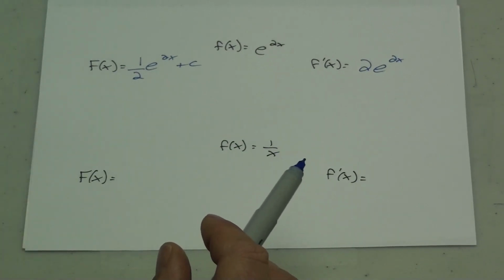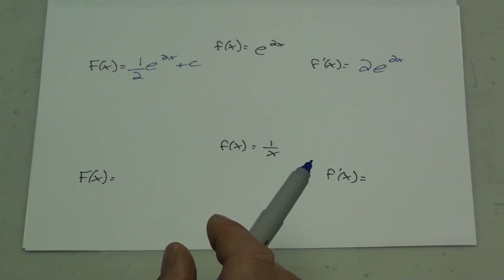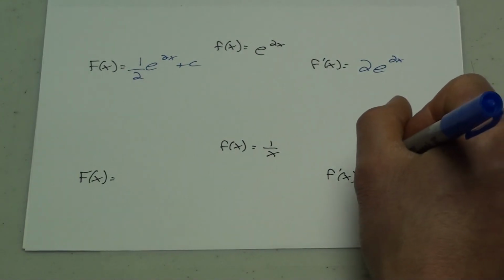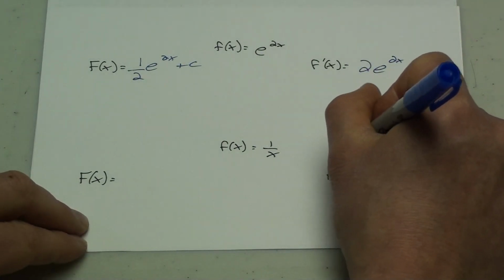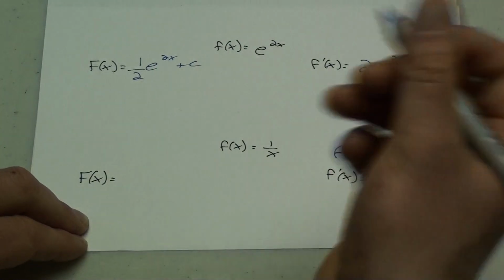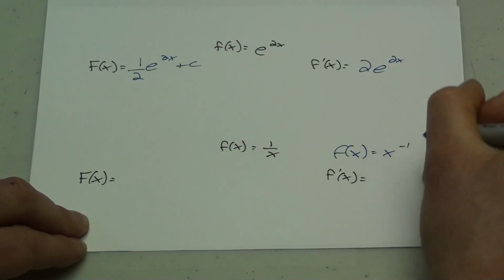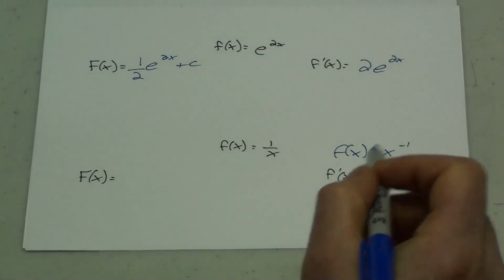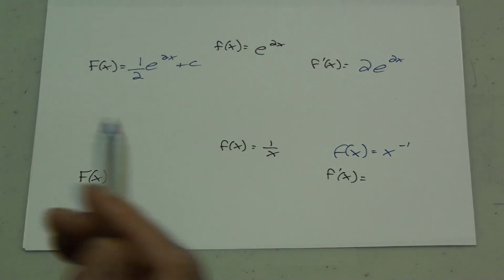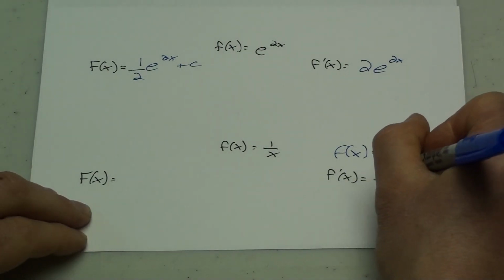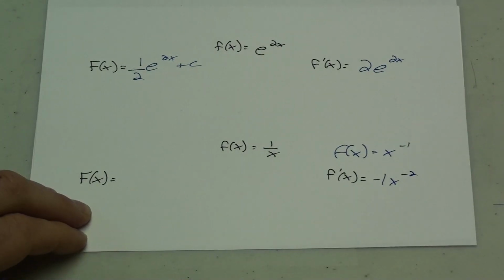1 over x. Now 1 over x, when you go to take the derivative of that, you need to express your function as an exponent, so x to the negative 1. And when you do the derivative of that, it becomes negative 1 x to the negative 2.